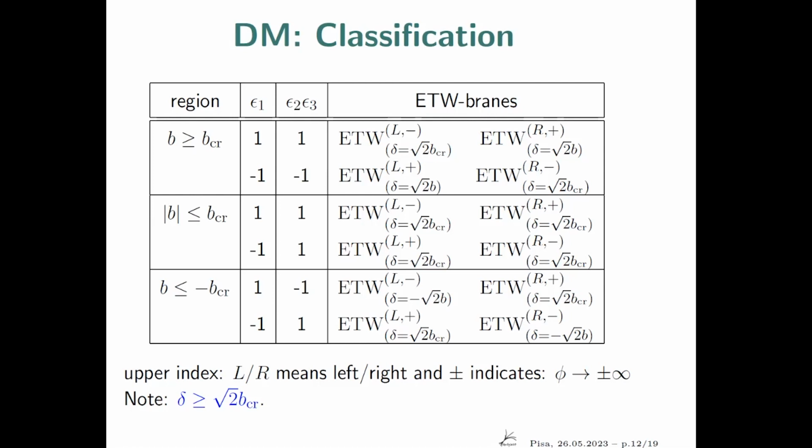At some singularities we get the delta with b critical, and in the middle region, where b is smaller than b critical, all the branes always have delta equal to b critical. So you never find a delta that is below b critical, up to this factor square root of 2, which is just a normalization. This is interesting: delta seems to be bounded from below.